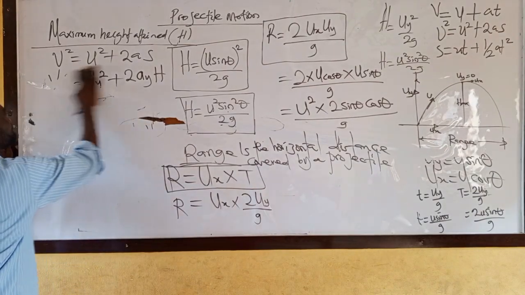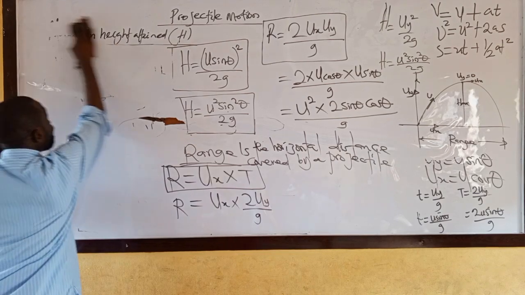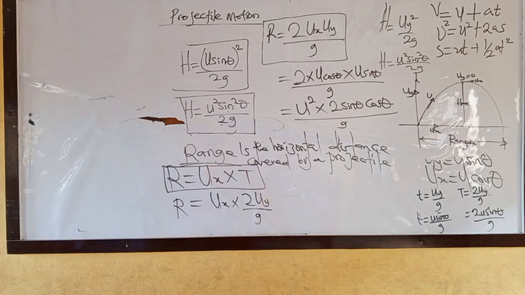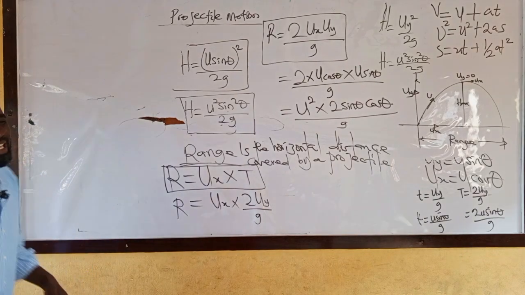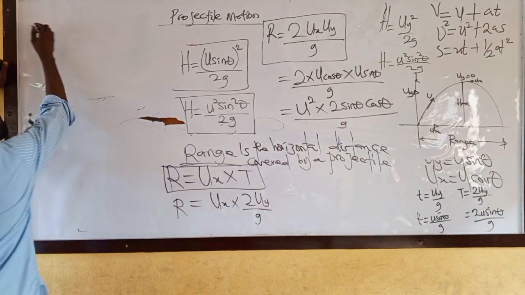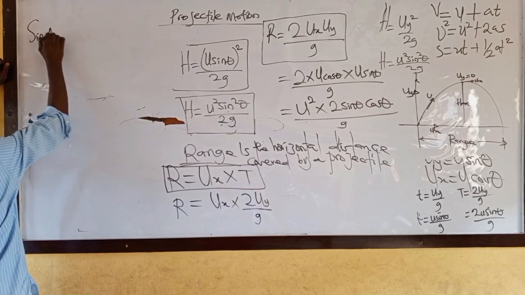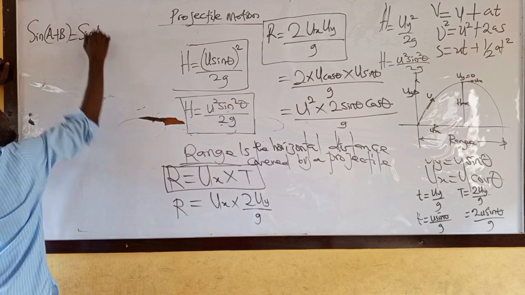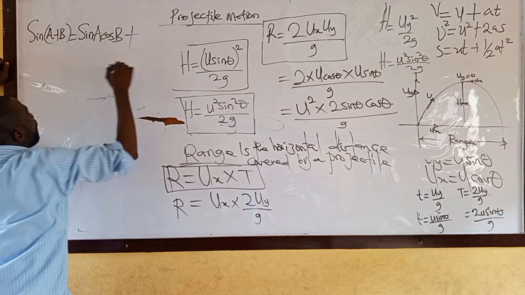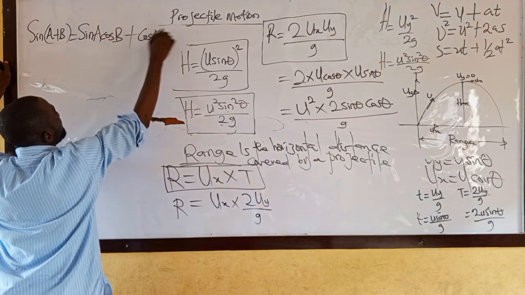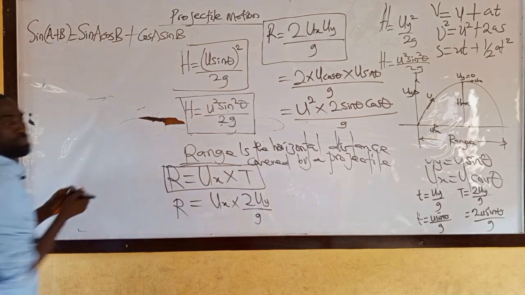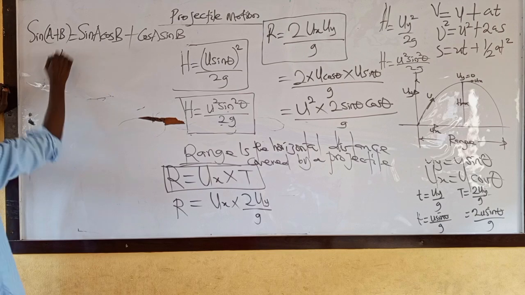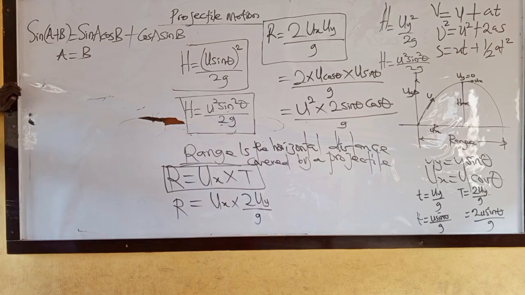Are you with me? Now, from trigonometry, under what we call the addition formula, whenever I have sin(A + B), my answer will be equal to sin A cos B plus cos A sin B. Two angles, A plus B. But if A is equal to B, what do you think will happen?